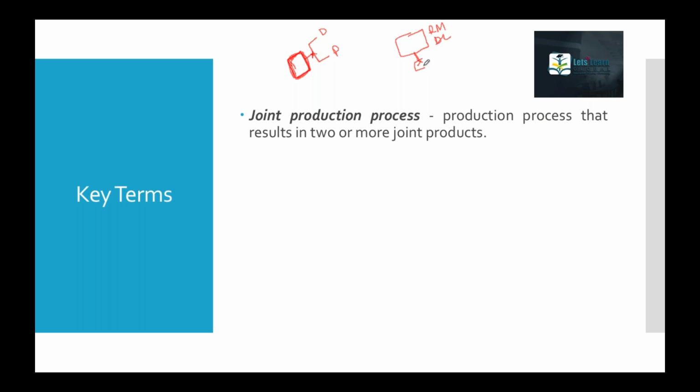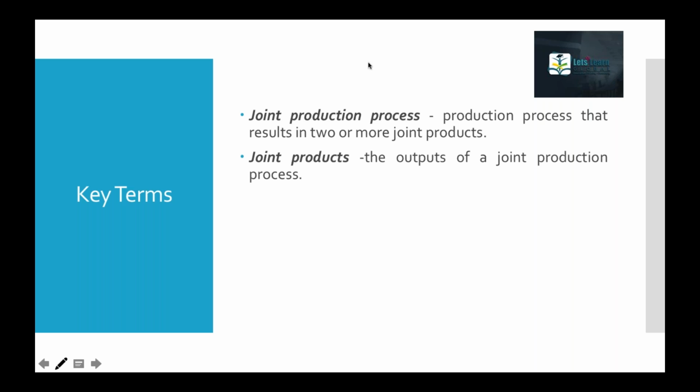This is called split up point. We identify and we separate the products. But before the identification, they were all together. Then after the identification, they become main products. So this is what we are going to discuss. And the joint production process means during this process, we don't know which products and how many units we are going to receive.